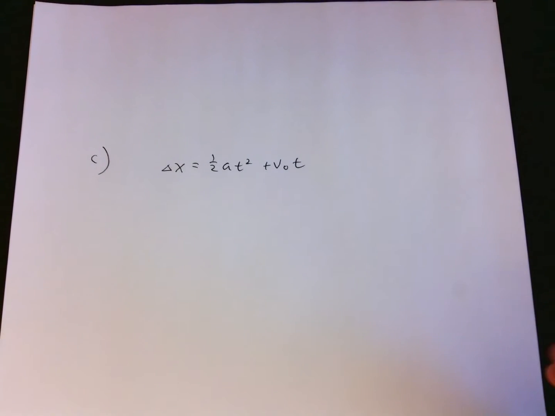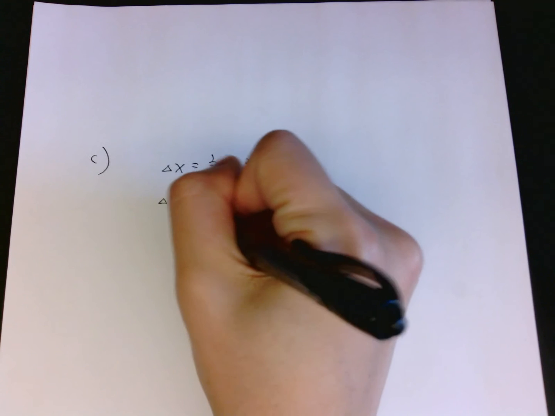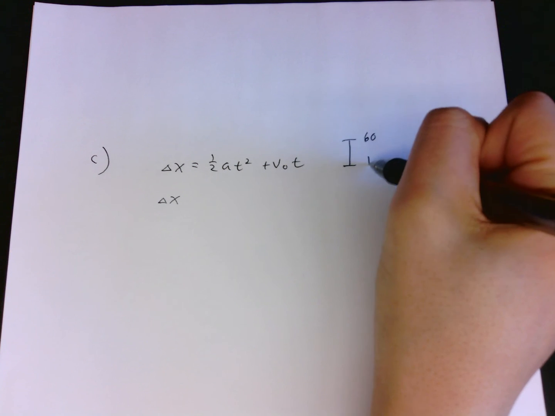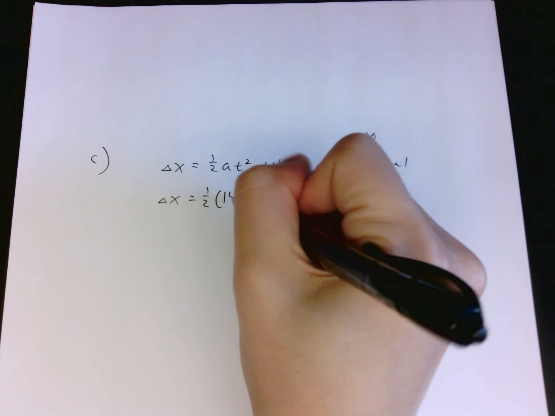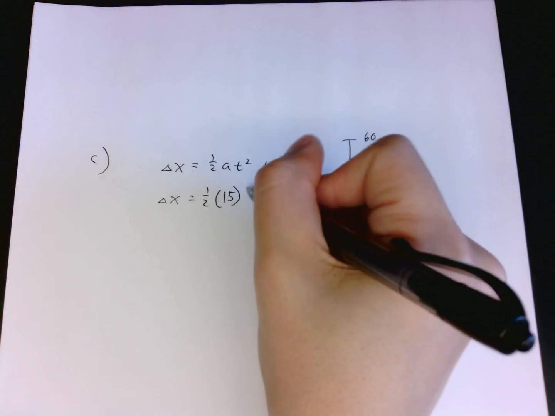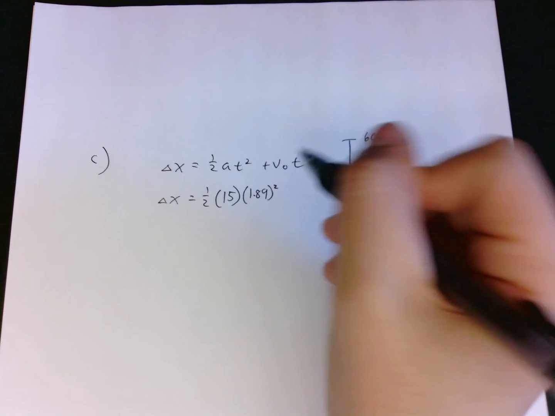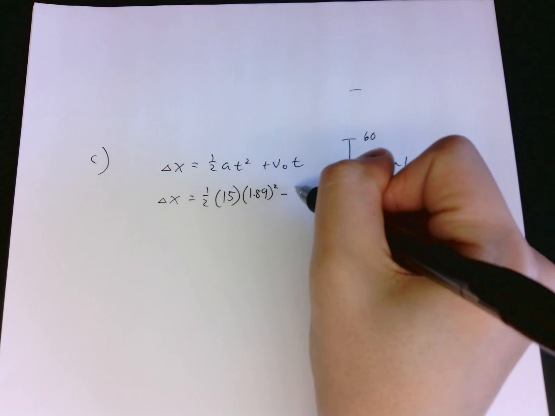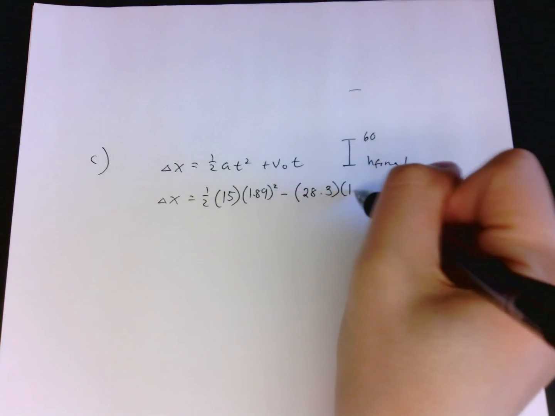Then part C asks for delta x is equal to 1/2 at squared plus v0t, and this is delta x in the time between 60 meters and final. We know the acceleration during this period is 15, and t is 1.89, because we're using the time between here, not from the top, minus, because his velocity is facing downward, 28.3 times 1.89.